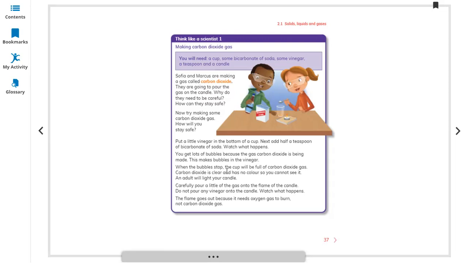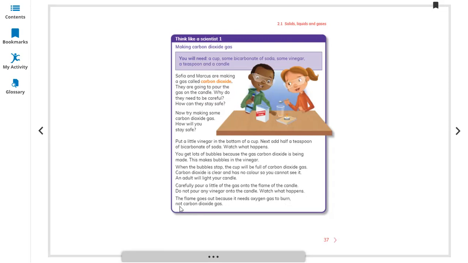Carbon dioxide is clear, so it has no color and you cannot see it. Now light your candle. Carefully pour a little of the gas onto the flame of the candle. You can observe what happened. Do not pour any vinegar onto the candle. The flame goes out because it needs oxygen gas to burn.